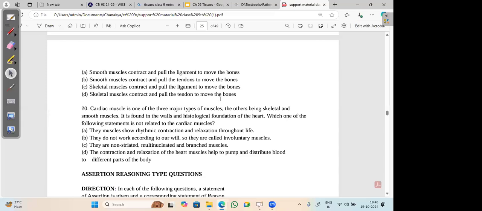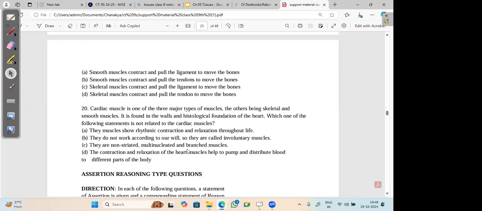Ligament connects muscle to bones. Ligaments connect muscle to bone, and tendons connect bone to bone. All right. So, how is the motion possible? The skeletal muscles contract and pull the tendon to move the bones. So that is how the motion is possible. So that is option C, not option D.